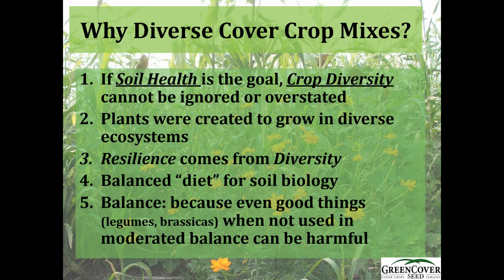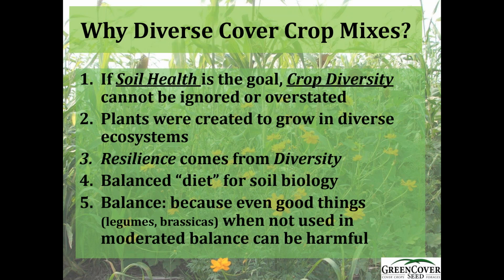Number four, we want to have a balanced diet for our soil biology. Biology really drives the whole system when it comes to soils, and even livestock production. The biological activity is such a critical component. And we want to have a balanced diet because we don't want all of our biology to have to just be consuming one thing.